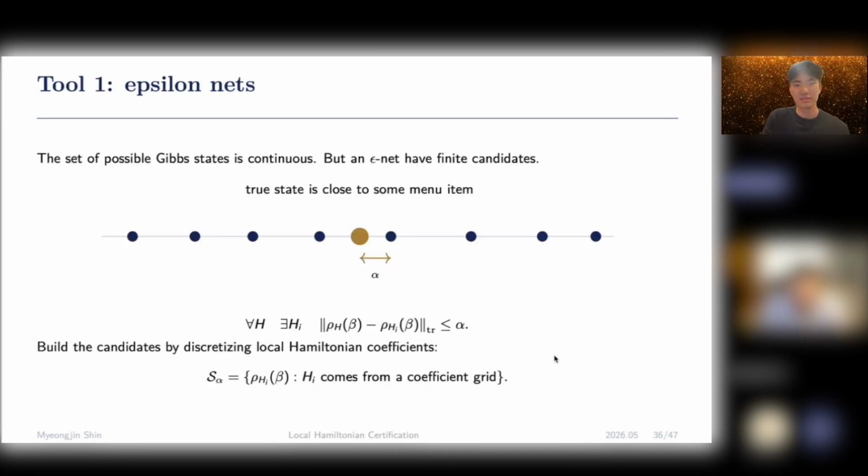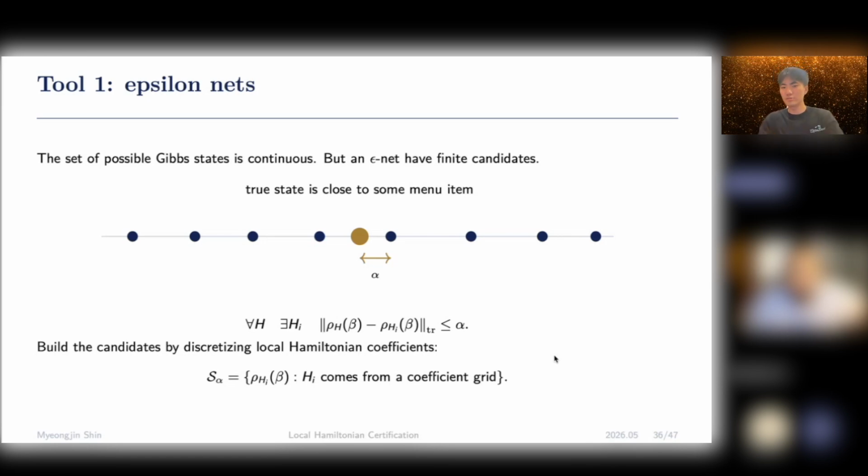So the first tool is the epsilon net. It's important because, as said, we're going to search the possible Gibbs states from the given Gibbs state copies. But the set of possible Gibbs states is continuous, so it is infinite. There are infinitely many Gibbs states that are possible with the given Gibbs state, so we need to make it finite.